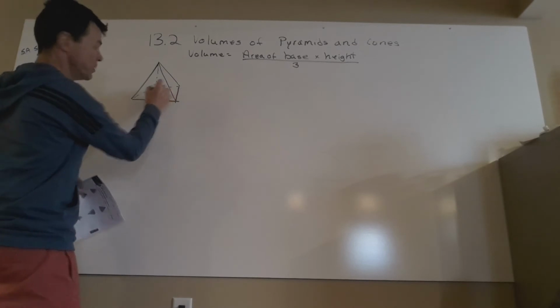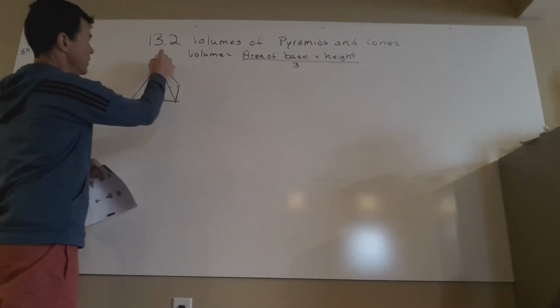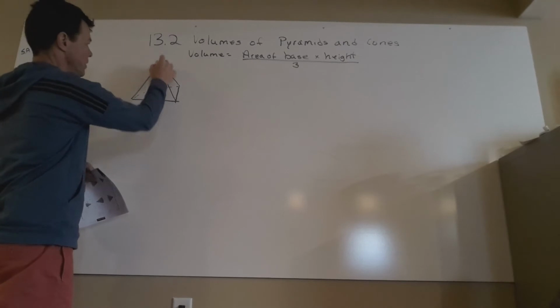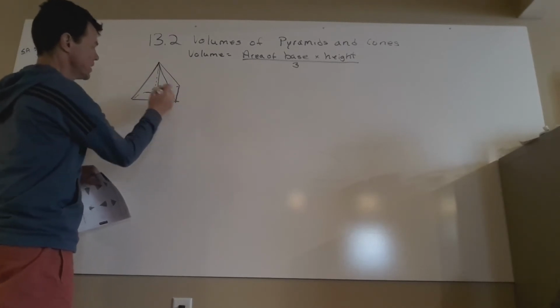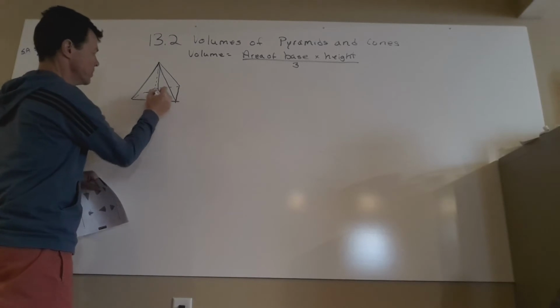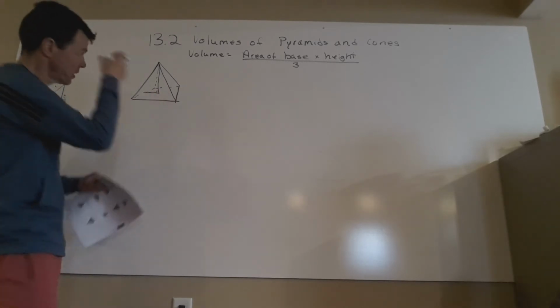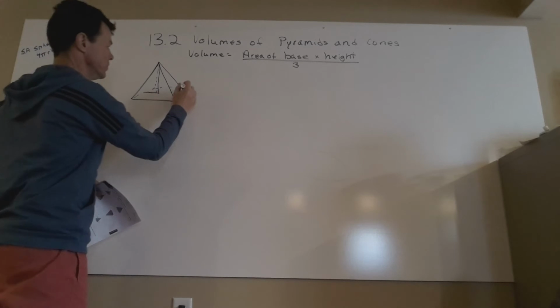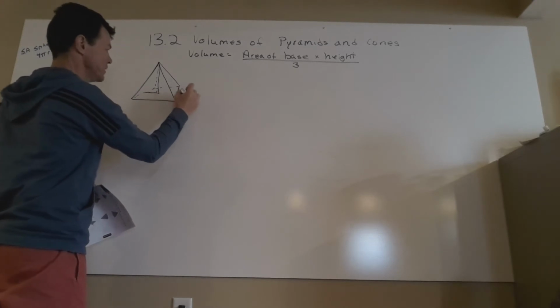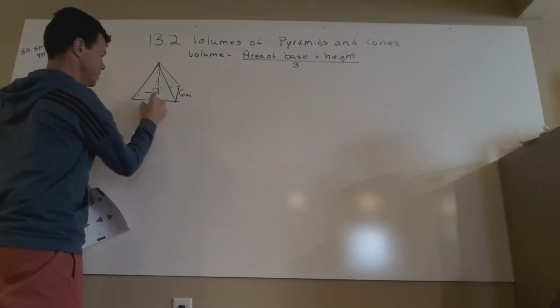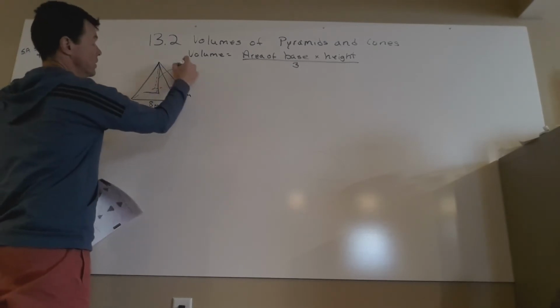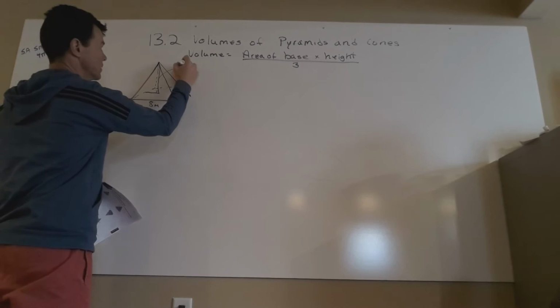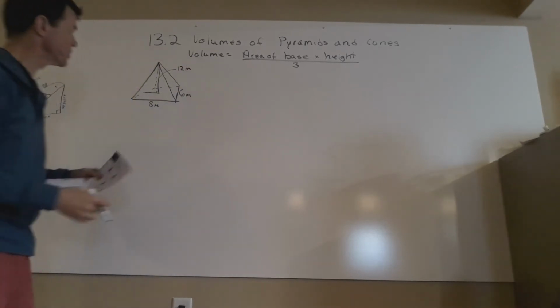And the height needs to be running from the vertex up here, and it would go to the center of this pyramid, so it's perpendicular to the base. If that's 6 meters, 8 meters, and the height, let's make that 12 meters. Height is going to be 12 meters.